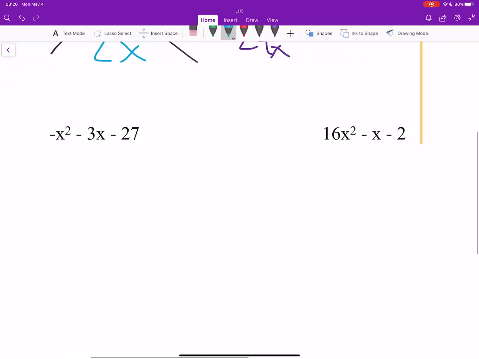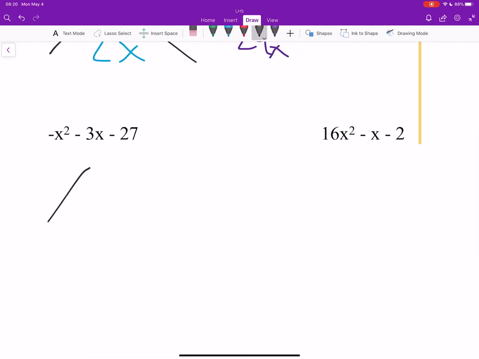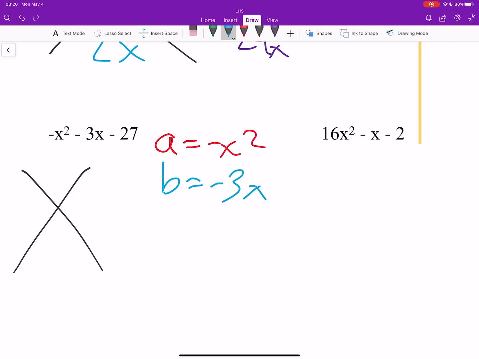Okay, let's take a look at this guy. Again, I know I'm going to do an x problem. Multiply a times c in the top, b goes in the bottom. So let's see, a, the whole term, negative x squared, b, negative 3x, and c is the number hanging out at the end, negative 27 in this case. I'm going to do a, negative x squared, times c, negative 27.